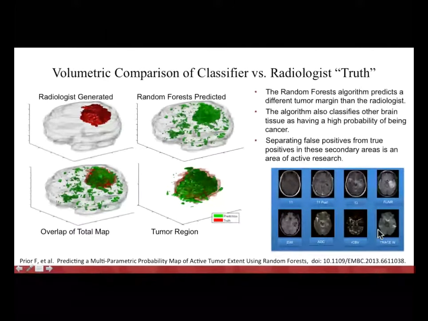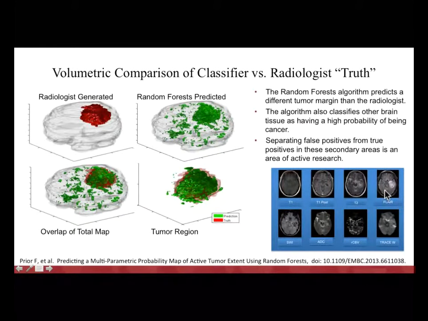We actually used 11 different types of MRI imaging, and each of them shows you something different about the anatomy, whether or not there's edema, whether or not there are changes in blood flow patterns, whether or not there are areas that are necrotic because water diffuses uniformly through them. So each of these images tells you a new piece of information.